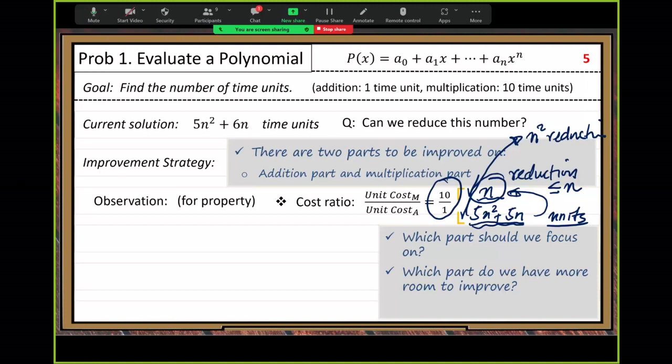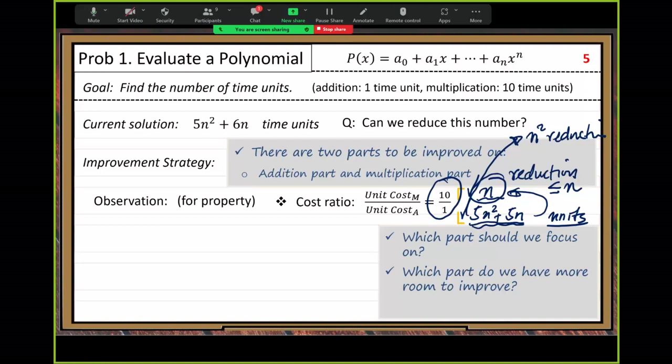Because we have 5n squared units. If we just reduce the number of multiplications by approximately 1/5, then we get an n squared reduction. That's already much more than the total number of additions in the first part. Think about that.